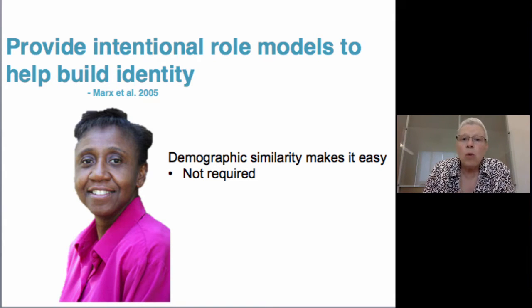It just takes more work if the connection is not easily visible. In other words, if you bring somebody in who's older, who's not the same race, who's not the same sex, that person can still be a role model, but they have to expose more of themselves and their background to offer the students the opportunities to see where they connect. Maybe I came from a similar neighborhood.